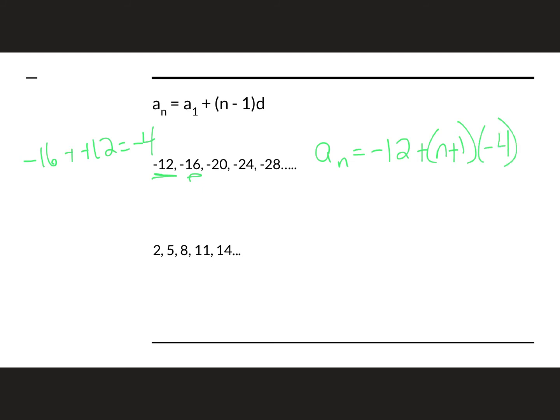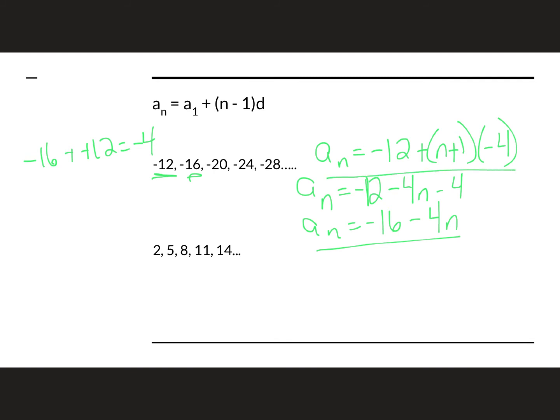And if I decide to simplify it, a sub n equals negative 12 minus 4n plus 4. Negative 12 plus 4 gives me a sub n equals negative 8 minus 4n. You can leave it in this first notation. Just make sure that if you have a negative number, you put it in parentheses so you can tell it's not a subtraction.